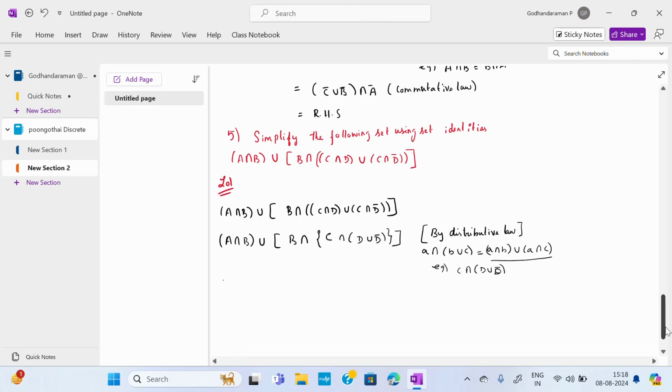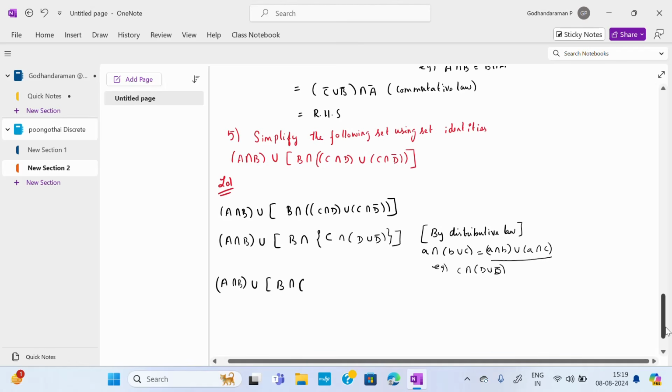So that only I am going to write: A intersection B union B intersection C intersection the universal set by the inverse law.